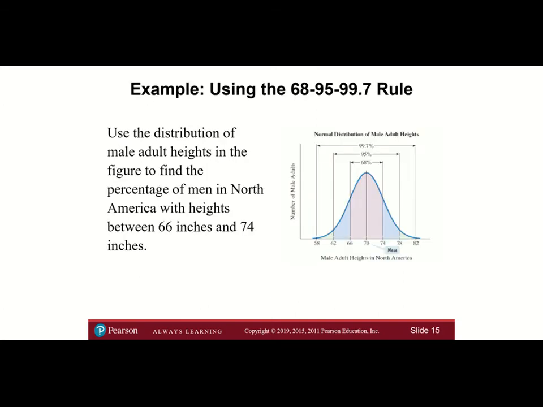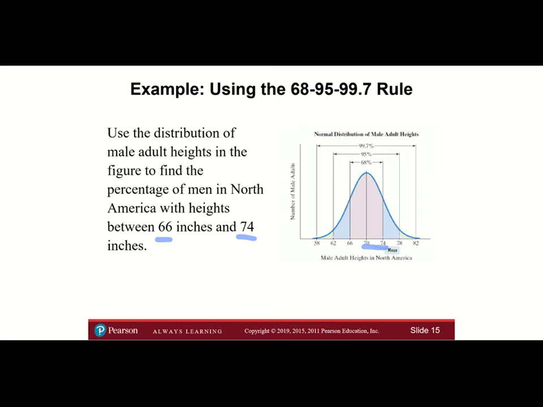All right, now we're going to use that bell curve. They want us to find the percentage of men in North America whose heights are between 66 and 74 inches. Now we know that our mean is 70 with a standard deviation of 4. If we add 4 to 70, we get 74.